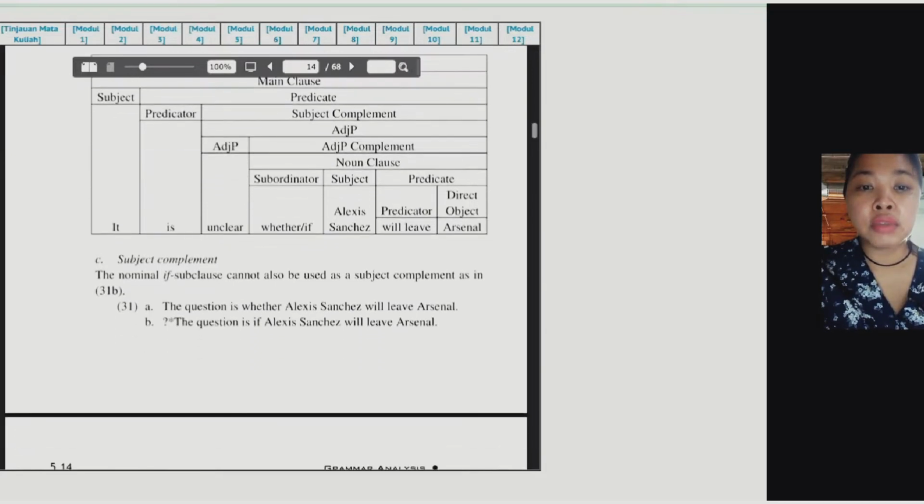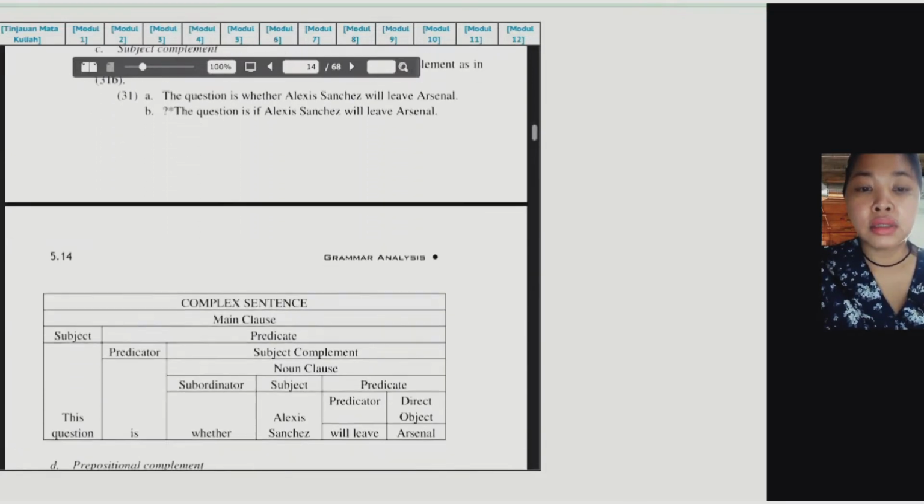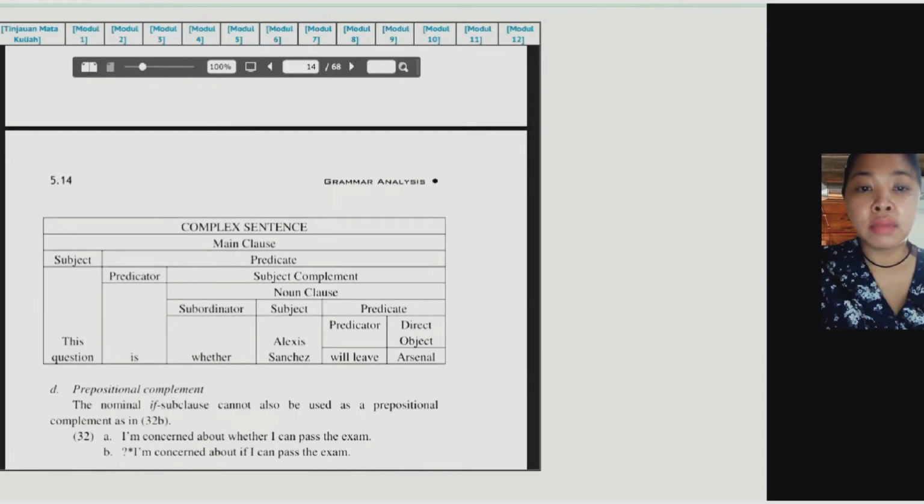And next is subject complement. If we see here, the pattern is, this question is whether. So subject, predicate, inside the predicate is predicator and the subject complement, the subordinator, and then subject and predicate. This question is whether Alexis Sanchez will leave Arsenal.